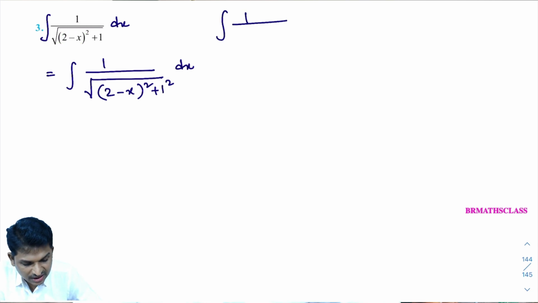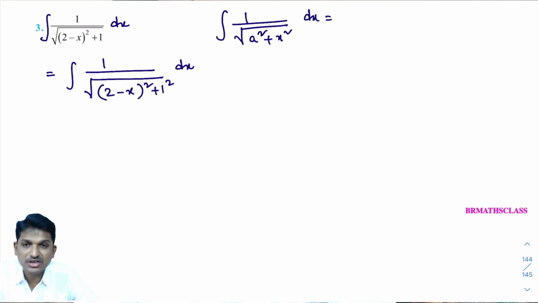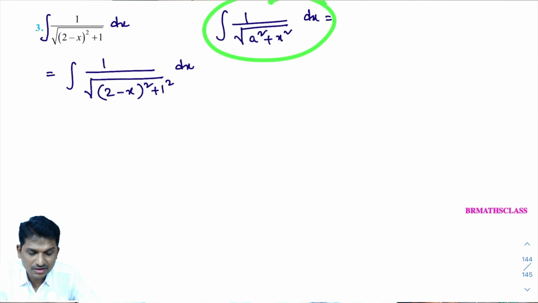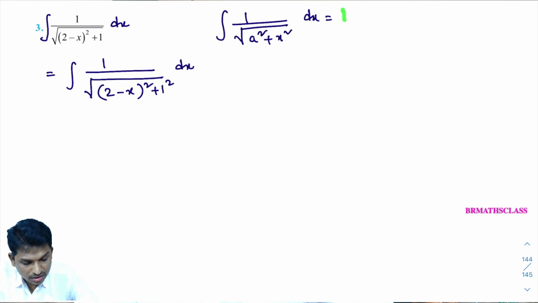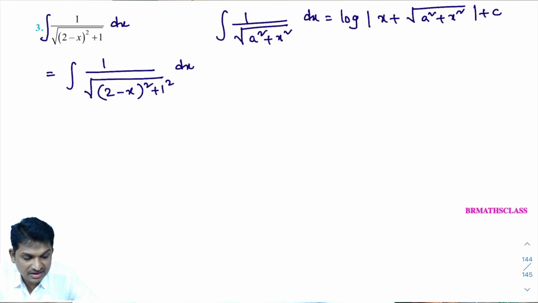The integral of 1 divided by root over a square plus x square dx. What is the formula we learned? The formula is log mod x plus root over a square plus x square plus c. This is the formula.